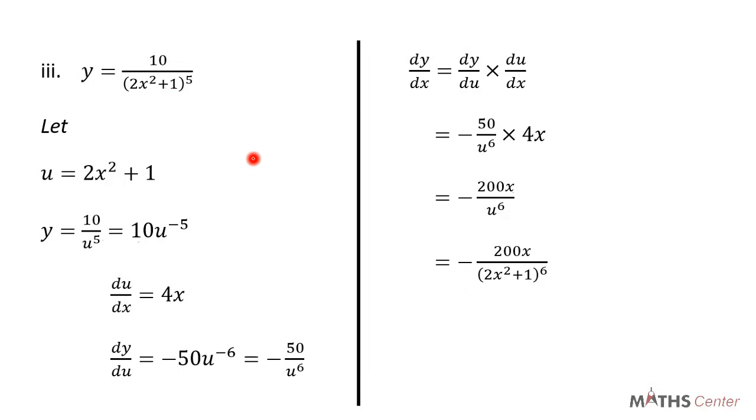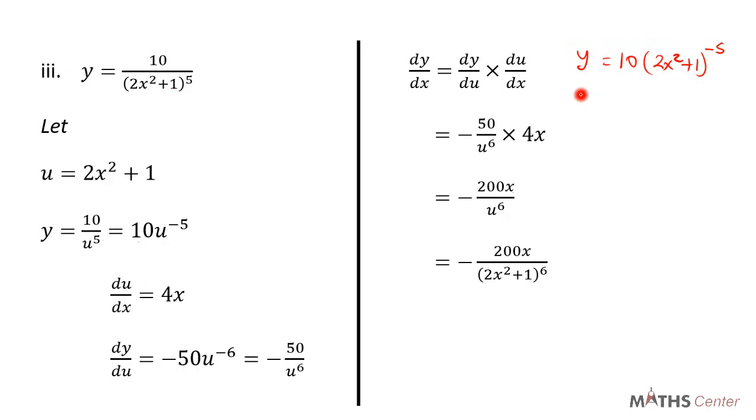Once again, as I said, the chain rule is always differentiate what is in the bracket times differentiate the entire bracket. See here, we have y is equal to 10 divided by 2x squared plus 1 exponent 5. From indices, we know that this can be written as y is equal to 10 into bracket 2x squared plus 1 exponent negative 5.